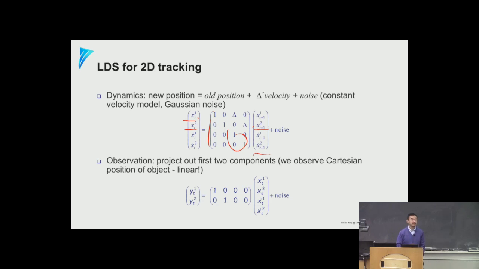And then my observation is this, which is a very simple truncation of the first 2 dimensions in that 4-dimensional state vector. Why? Because I only observe the position. I don't observe the velocity. And I also assume a noise. So that's basically an LDS for 2D tracking. And if you want to write your tracking model, this may be the simplest one.